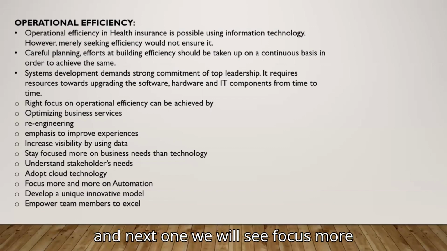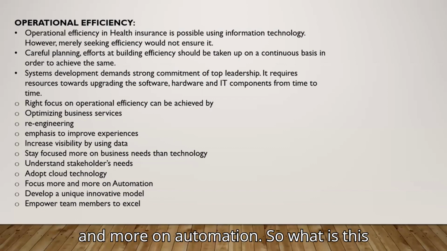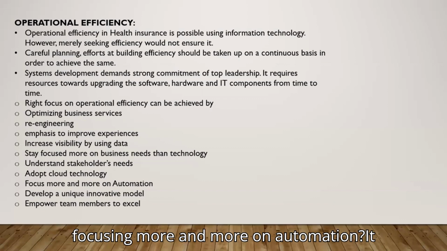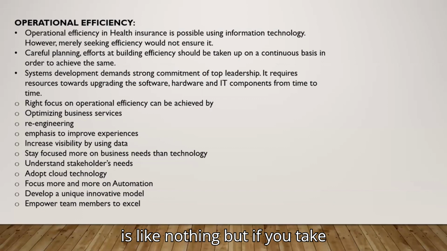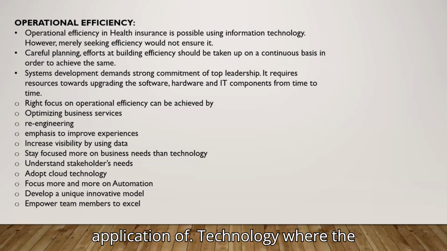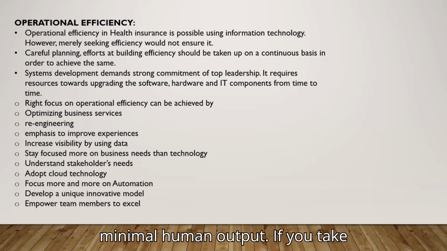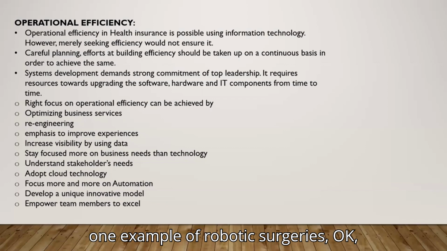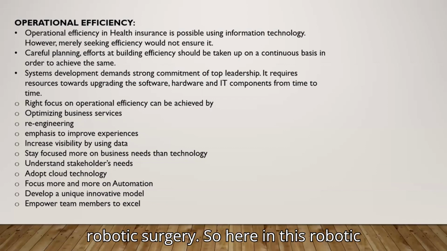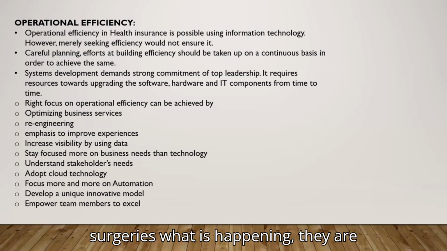And next, we will see focus more and more on automation. So what is focusing more and more on automation? It is nothing but the application of technology where a program achieves the outcome with minimal human output. If you take the example of robotic surgery, what is happening here?